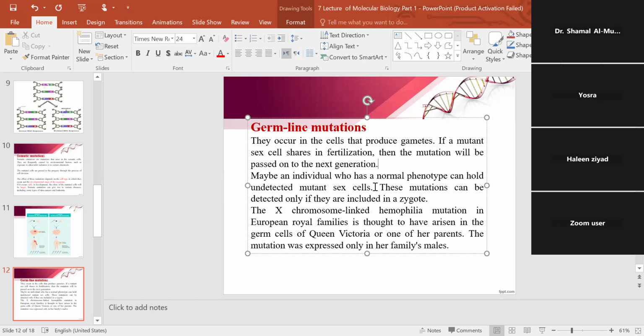They have a mutation, but no one can know that.